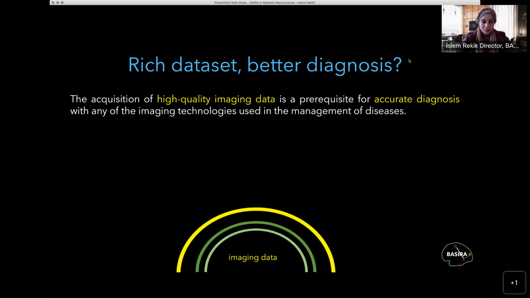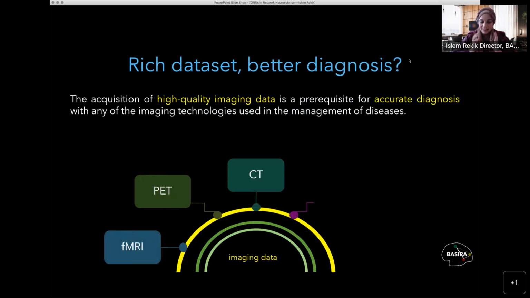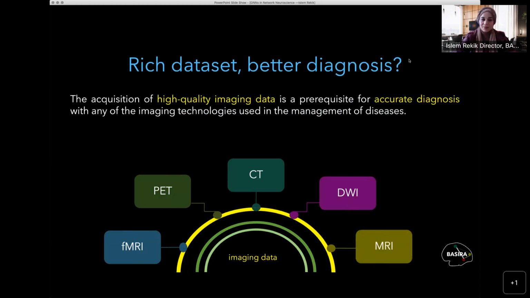We hypothesize that the more modalities, the more data we have, the better the diagnosis. That is an assumption that a lot of researchers make. That's why they aim to collect a lot of high quality data, with the hope of getting better diagnosis of particular diseases and disorders.